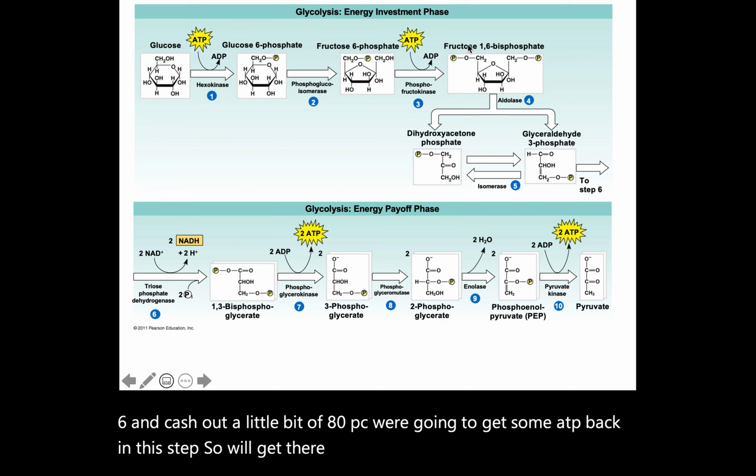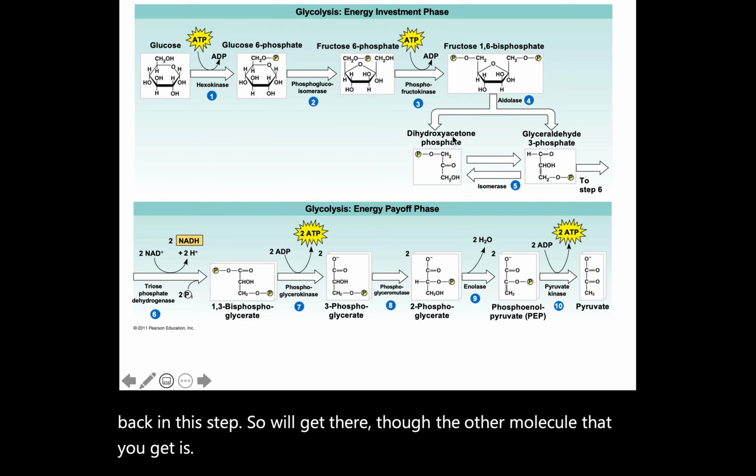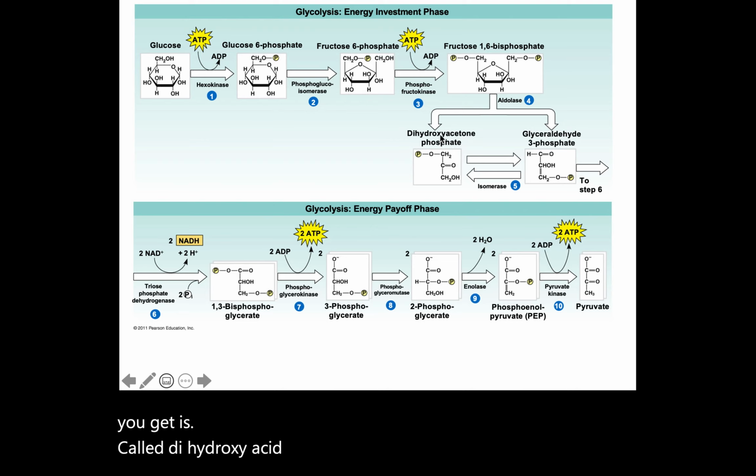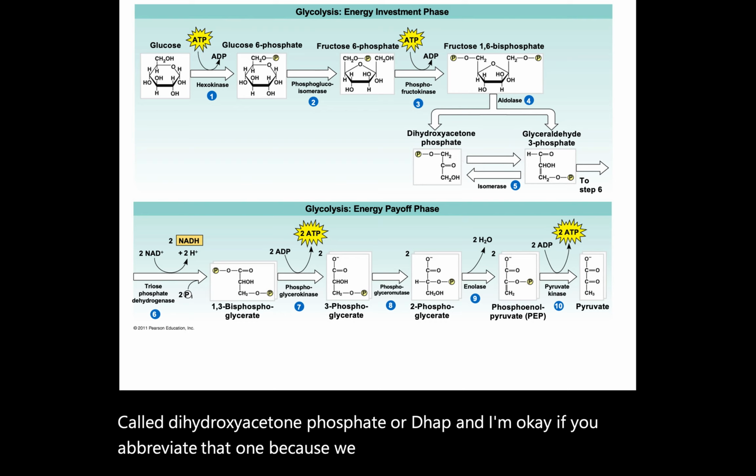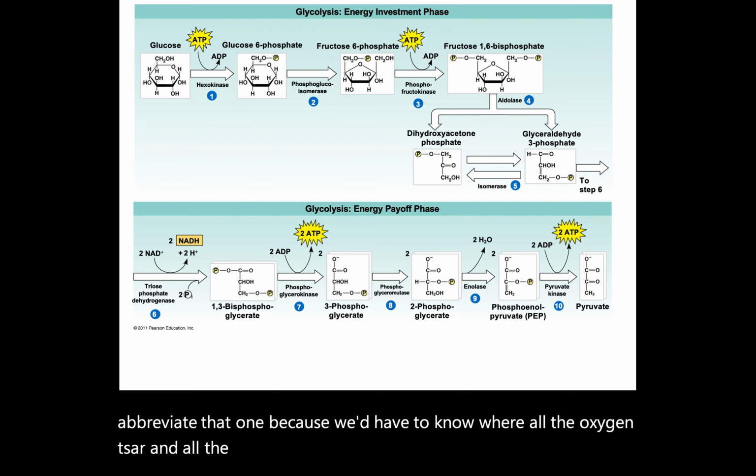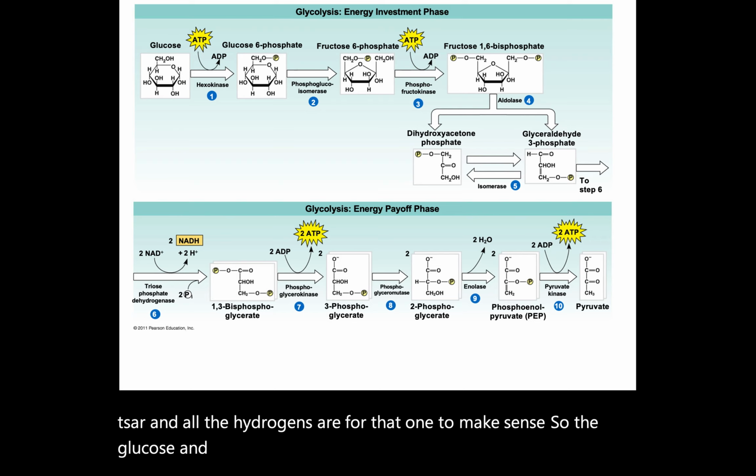The other molecule that you get is called dihydroxyacetone phosphate, or DHAP. And I'm okay if you abbreviate that one, because we'd have to know where all the oxygens are and all the hydrogens are for that one to make sense. So the glucose and fructose, we know it's a 6-member ring and a 5-member ring with 2 little things on the side.